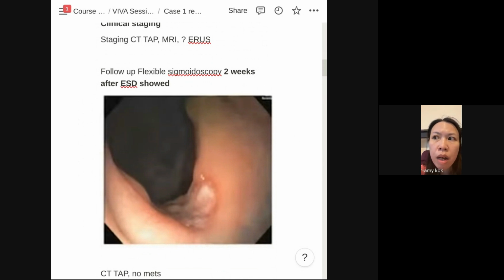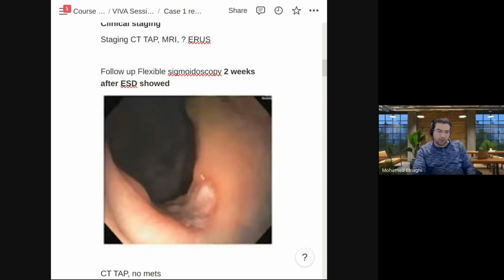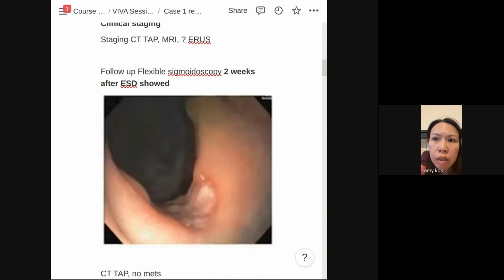So do you normally tattoo cases of rectal cancer before surgery? No, not if there is a very obvious tumor in the rectum, but for this case, it is just a scar.